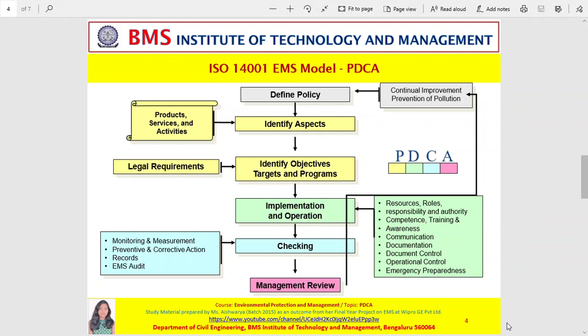Now, if their set target is to reduce the flue gas generation by 50%, but due to incorporation of cleaner fuels or other means, they are able to achieve only a 10% reduction, then their current set environmental objective is not practical or currently not feasible, taking into consideration the monetary factor or the finances of the organization.